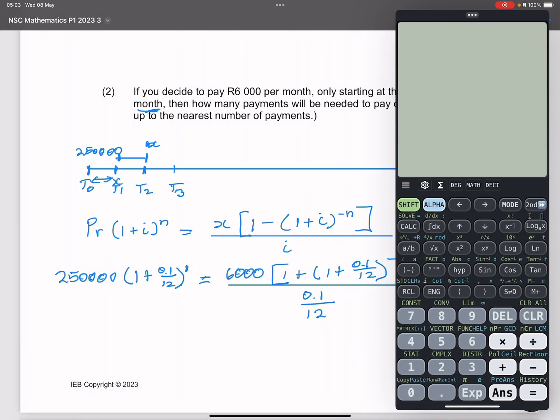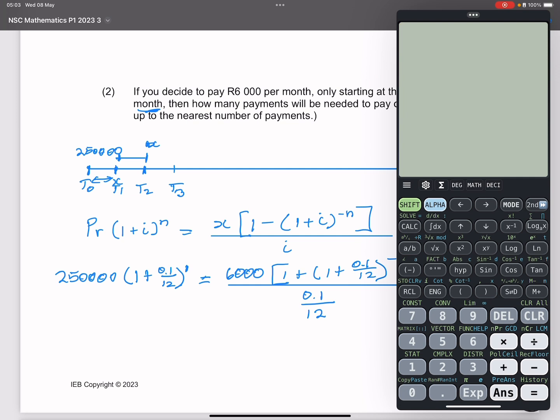All right, ladies and gents, I'm going to try by all means to do this on a calculator. So that's 250,000 times 1 plus 0.1 over 12, to the exponent 1, so I don't need to actually write anything there.